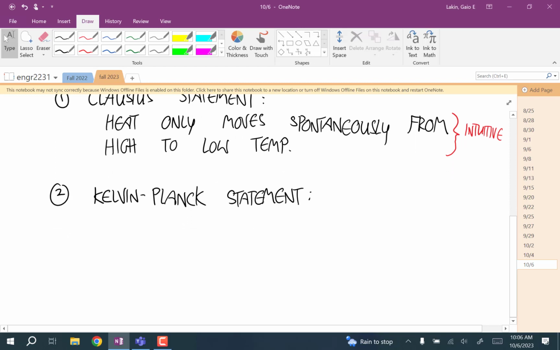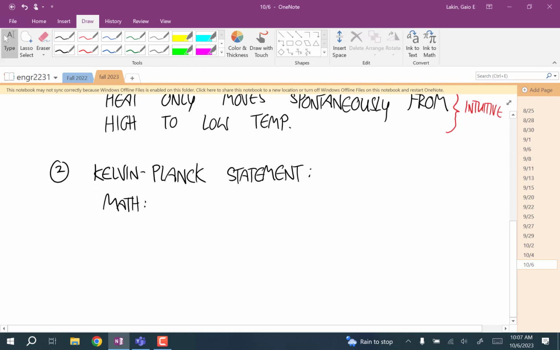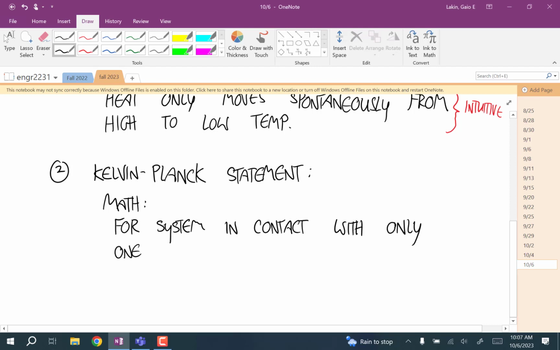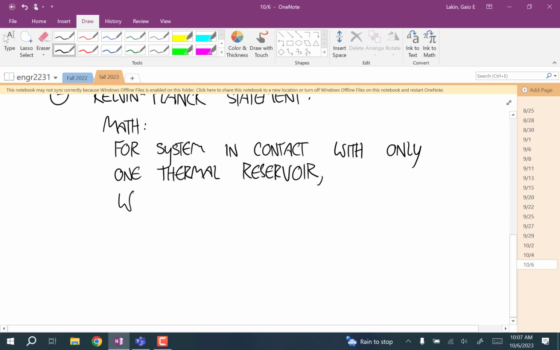And the way we're going to write it to use it mathematically is: for a system in contact with only one thermal reservoir, the work done by any cycle is less than 0.